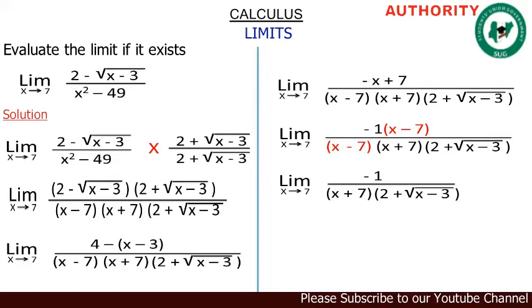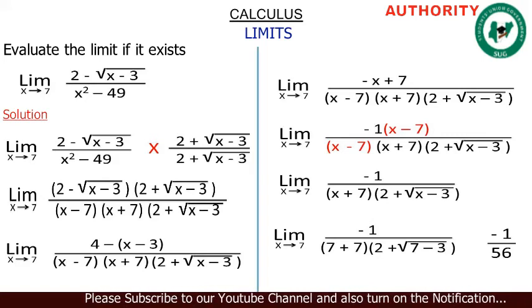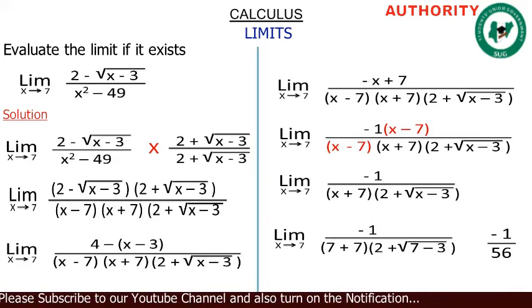Here let's plug in 7 wherever we see x. So we have minus 1 in the numerator all over 7 plus 7, which will give us 14, and then 2 plus square root of 7 minus 3. 7 minus 3 gives us 4.